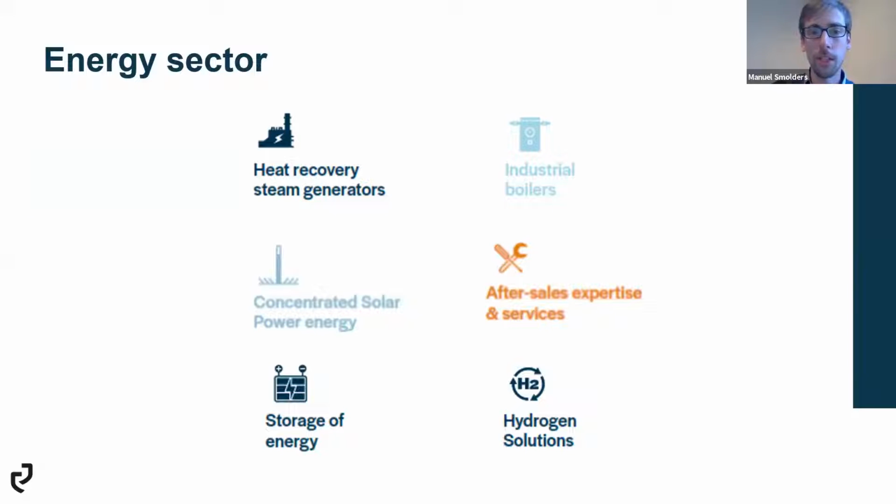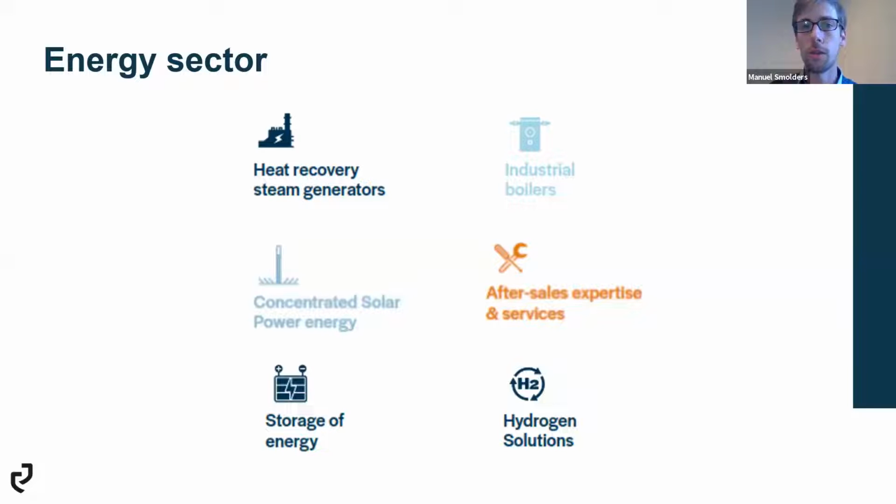So about the energy sector, as mentioned before, the production of steam is a long story for John Cockerill. For decades, we have designed and manufactured industrial boilers and recovery steam generators for combined cycle power plants. So historically, this is it. And based on this strong expertise in steam production, pressure parts, thermal efficiency, and so on, we developed 2 generations of thermosolar receiver.